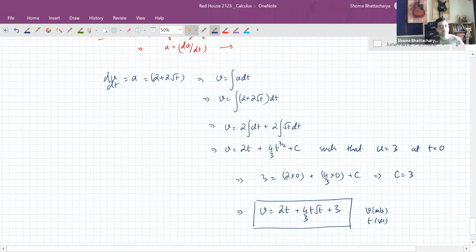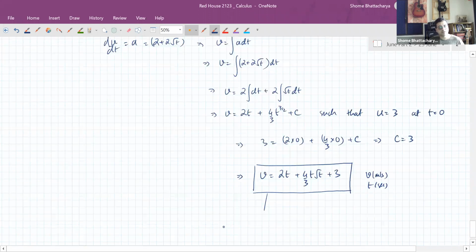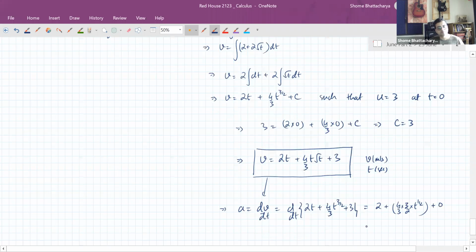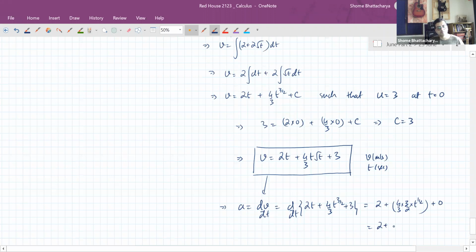Okay. And you can also just verify that this also means that if you differentiate this, you'll get this was the acceleration we had started.